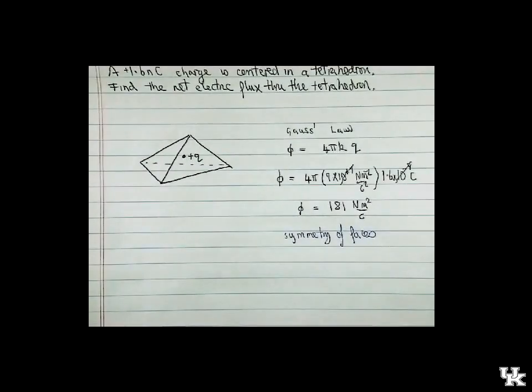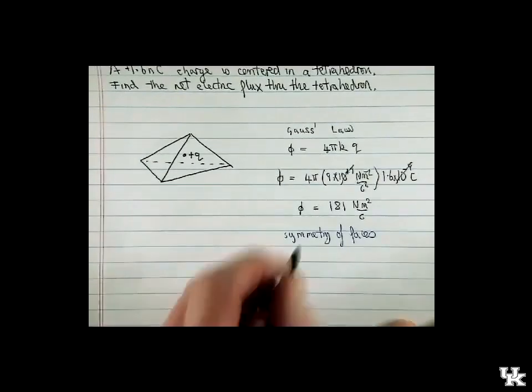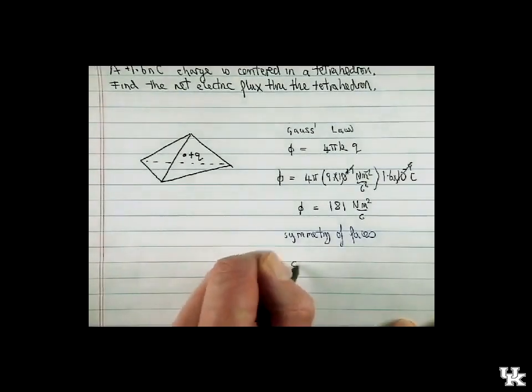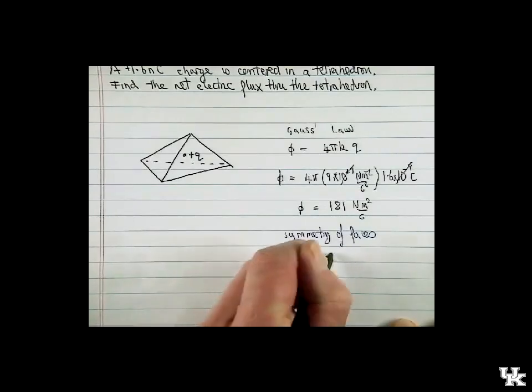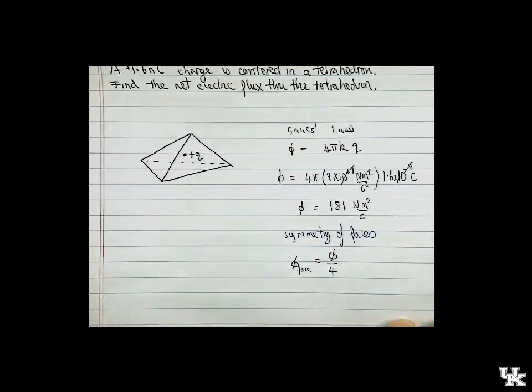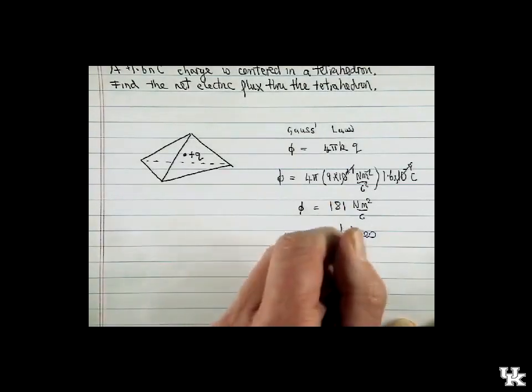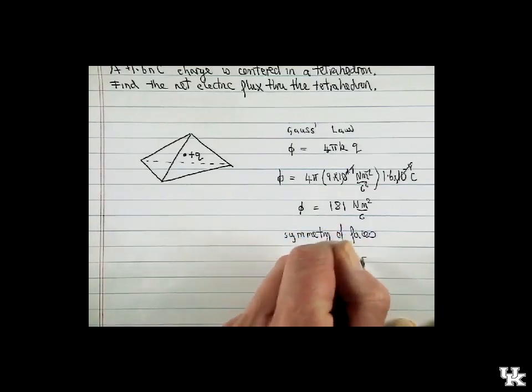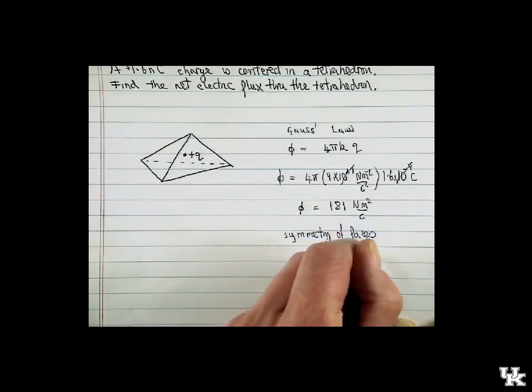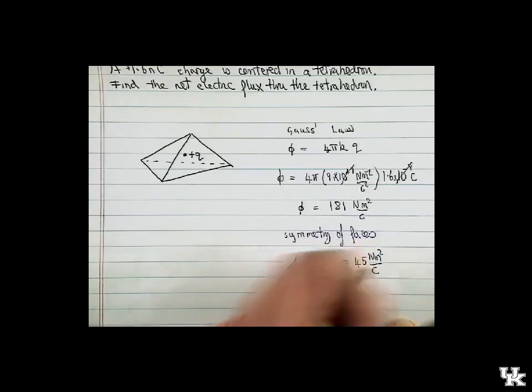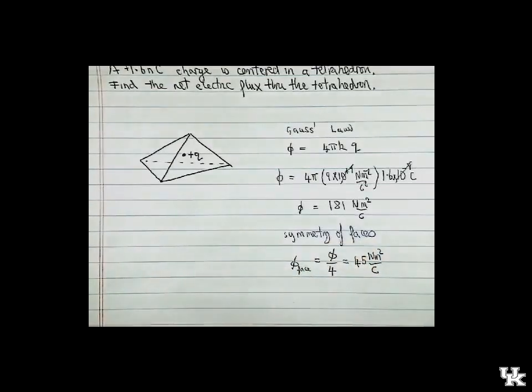It's that feature of this arrangement that allows me to say that the flux through one face is equal to the total flux divided by 4, because there's 4 faces. And so 180 divided by 4 is 45. So it's about 45 Newton meters squared per coulomb again. And so that's the answer to the flux through each of the 4 faces.